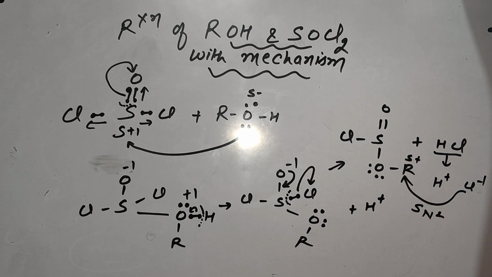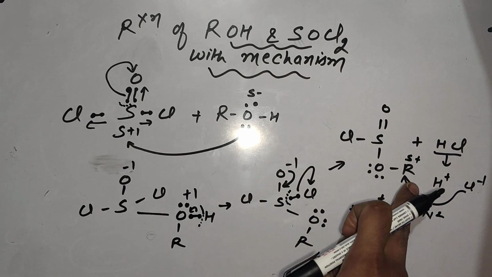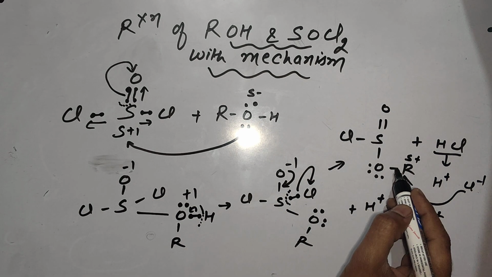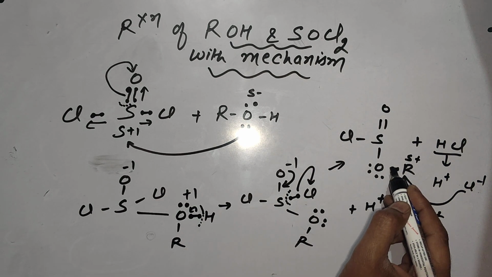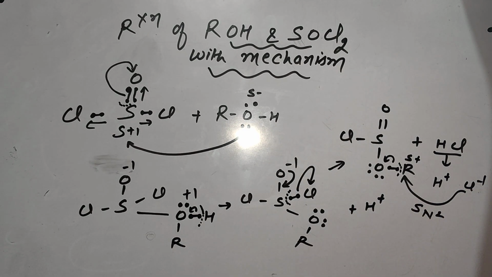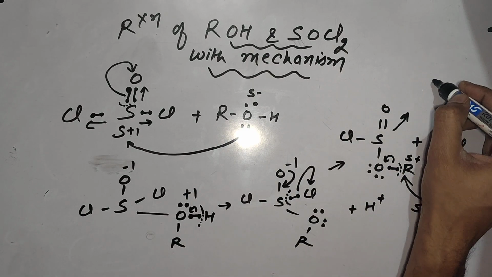In previous videos I also told you when PCl3 and PCl5 were reacting, this Cl negative always attacks by the SN2 mechanism on the R group. In this condition, the bond between R and O will break and both electrons will shift toward oxygen because oxygen is more electronegative than R.